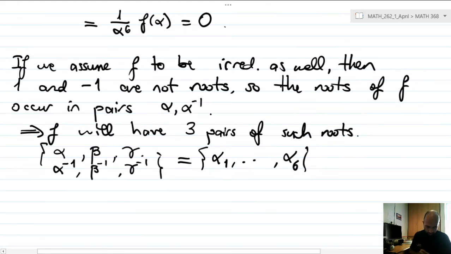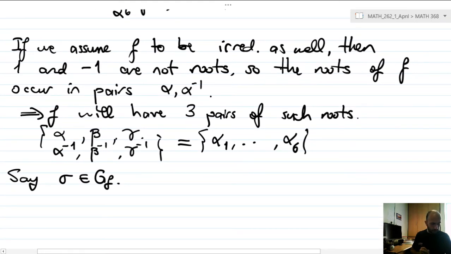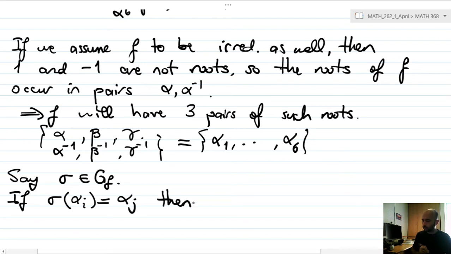Fine. Now, let's turn to the Galois group. So, say sigma is a permutation from G_f, right? Now, if sigma sends one of these roots, alpha i to alpha j, well, I don't know which one, but you know, it could be any of them for now.